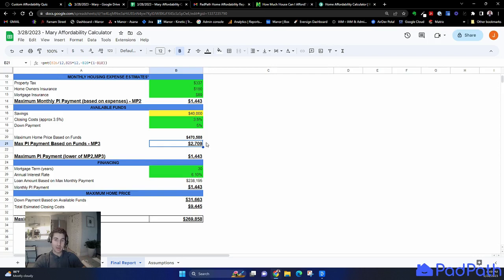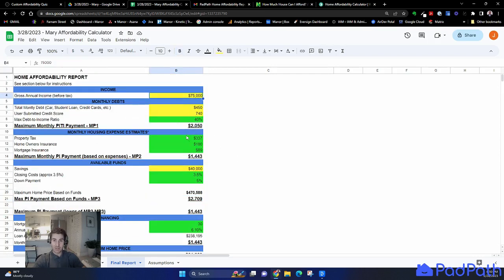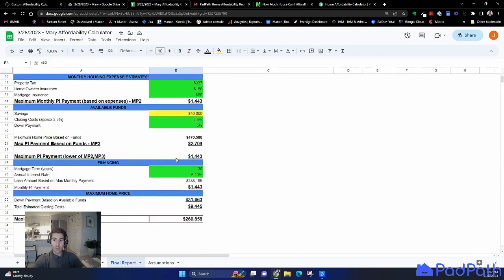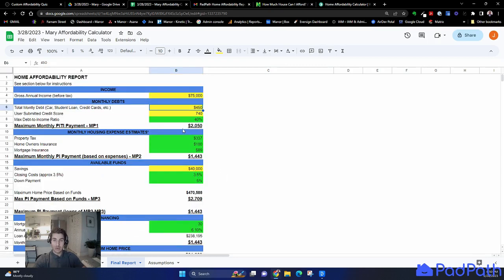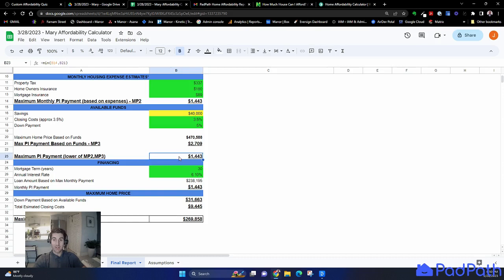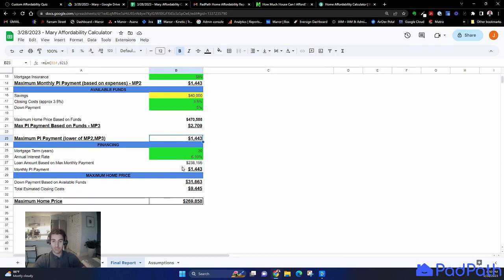But this is not appropriate given Mary's financial situation, given her income of $75,000 and her monthly debt of $450. We know that she can safely afford a $2,050 monthly total payment, or $1,443 just principal and interest.